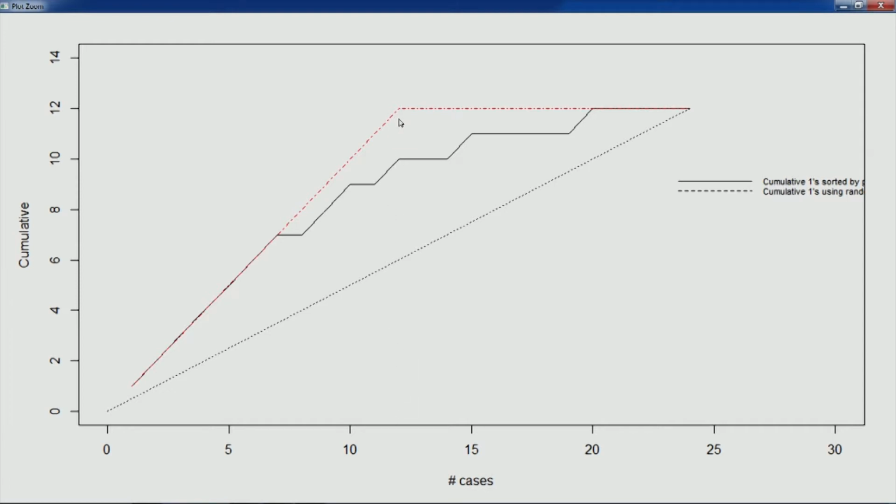So all the cases have been correctly identified, and then you would see the horizontal line, because now all the cases belonging to non-owner classes are being identified. So the perfect model will go in this fashion. Our model will have a few misclassifications, so it will deviate from this red line. But if we compare with the reference line, there is much better performance by the model.